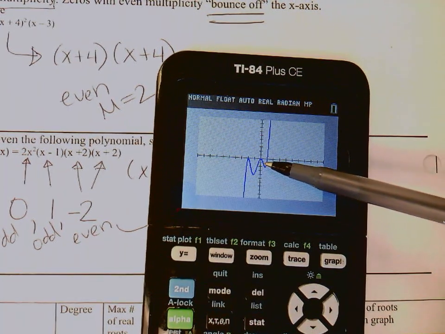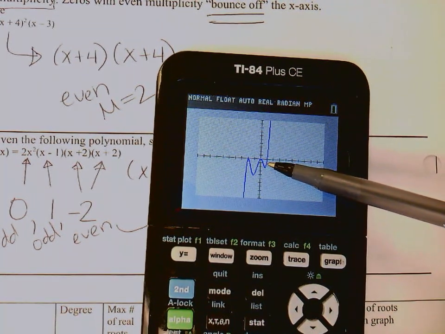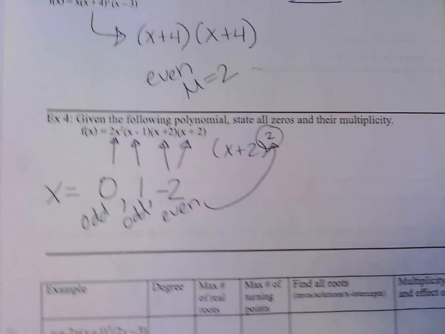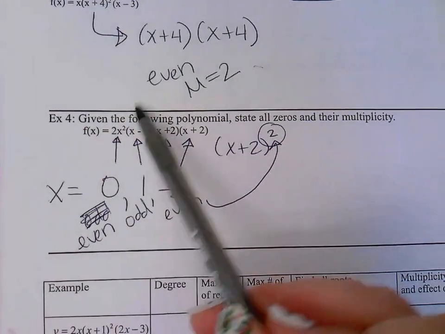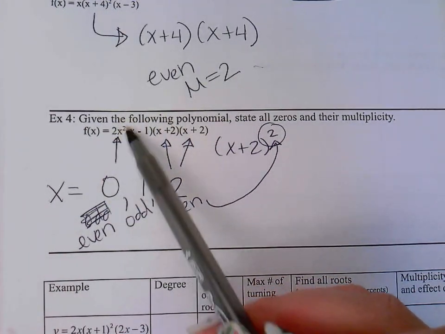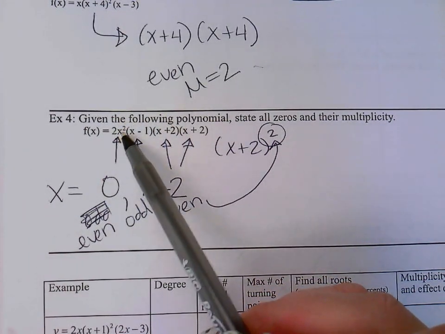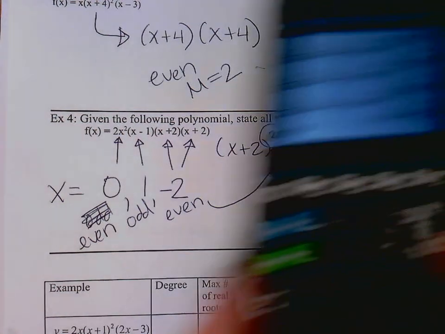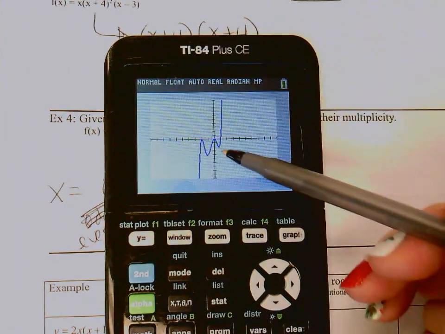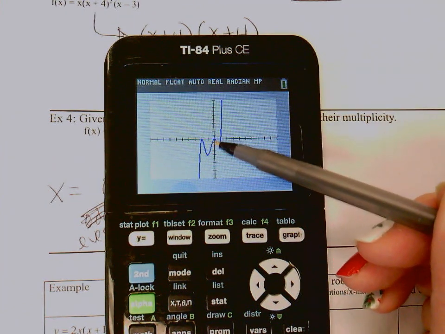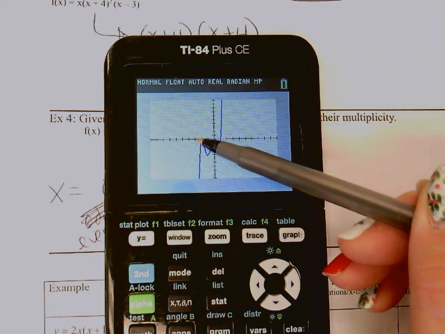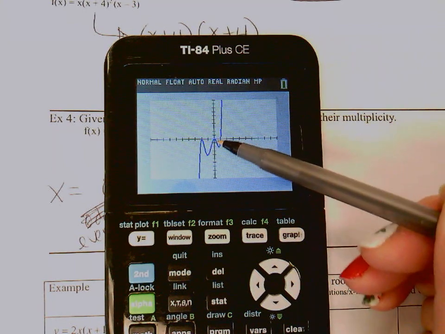It bounced off at, oh, wait a second, isn't 0 even? Made a mistake on my own thing. Right, x squared right there. I missed that. So that x squared term is making it bounce off at 0. When I looked at the graph, I could see it's bouncing off at 0. So it's bouncing off at 0, it's bouncing off at negative 2, and it's cutting through at x equals 1. Can you see that on my graph?